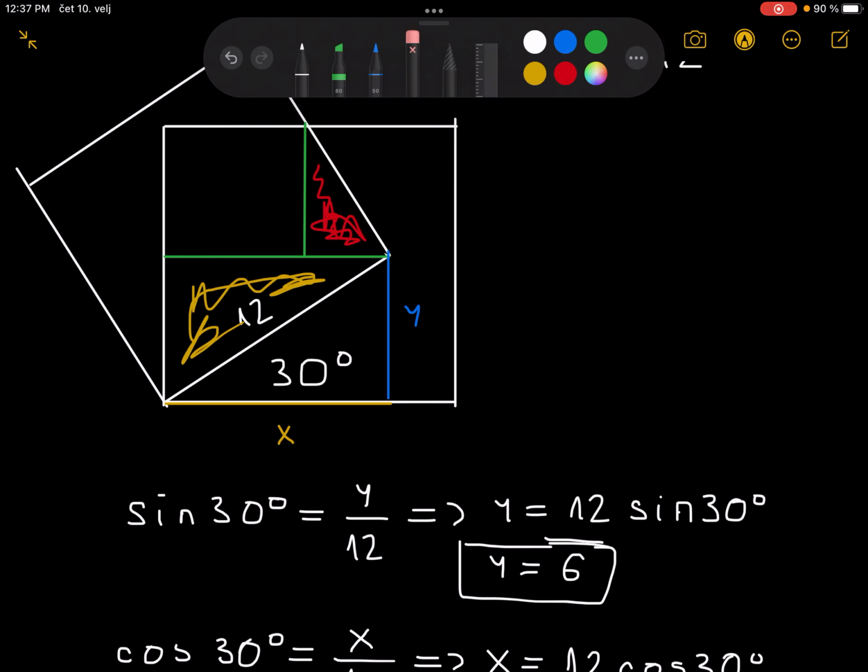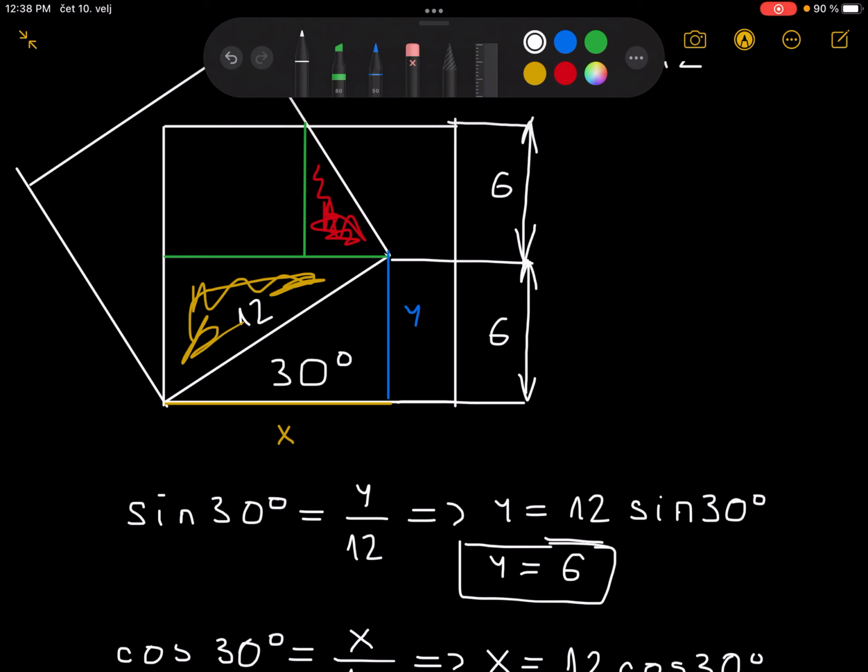Well, first of all, since we know that y is equal to 6 and that the complete side length of this square is 12, this part here must also be equal to 6. Okay?